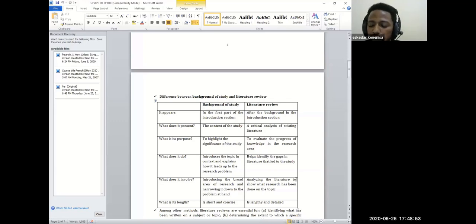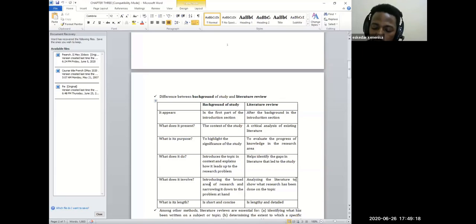Then you can determine the extent of the literature by identifying what is written and what is left. Next, you can aggregate the empirical findings by previous works related to your narrow research question.